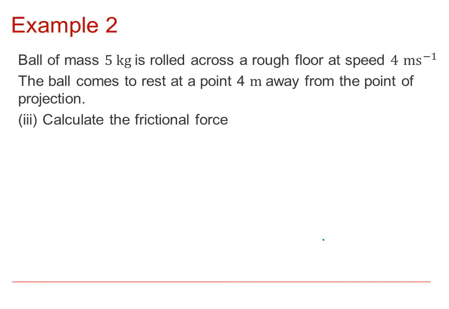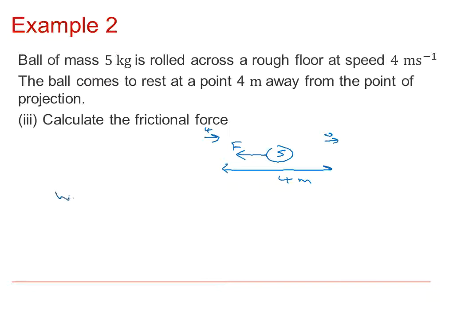Now we want to calculate the frictional force. So remember, we have this frictional force acting over a distance of 4 meters, and the speed went from 4 meters per second to rest.